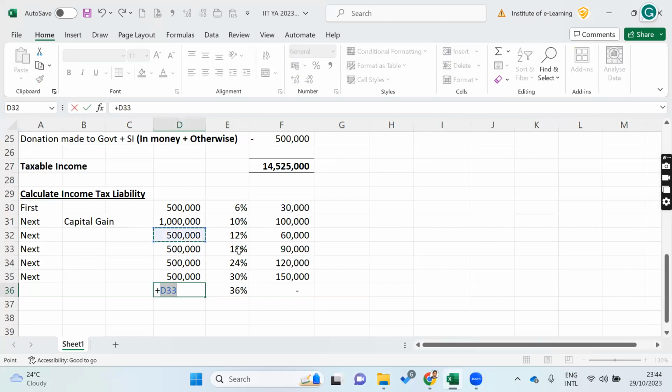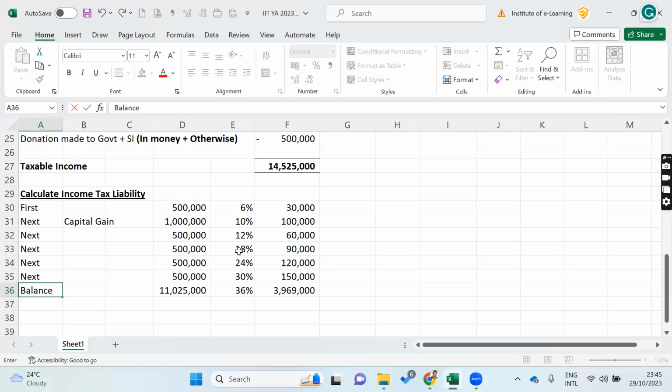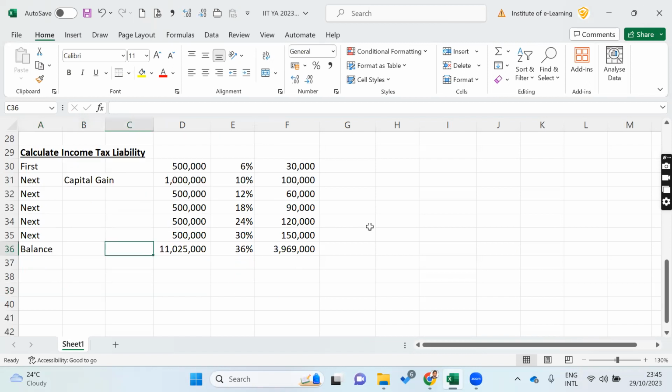Remaining balance in the sense, from taxable income, you can deduct these things. This one, this one, this one, this one, this one, and this one. After deducting, 11.025 million multiplied by 36%, right? Then this is called the balance, which is subject to tax at the rate of 36%, right?